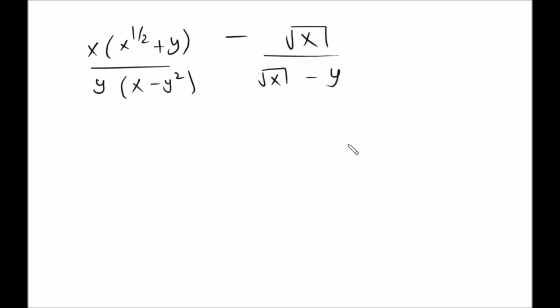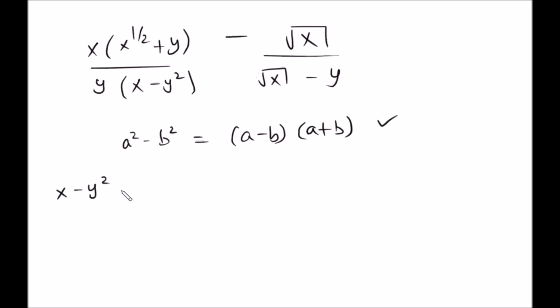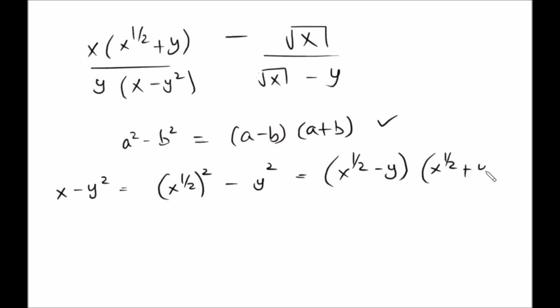So difference of two squares, we said when you have a squared minus b squared it is equal to a minus b, a plus b. This is form 2 exactly. So when you have x minus y squared, you say x power half squared minus y squared. So it will be x power half minus y and then x power half plus y.